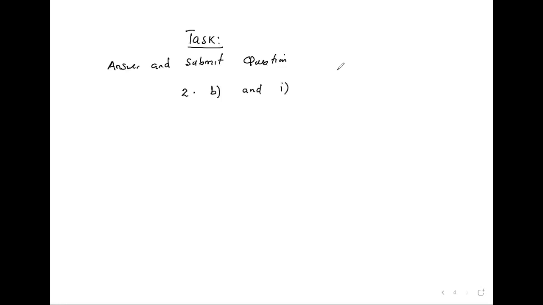So where are we supposed to submit? You submit on WhatsApp. That's question 2, B and I. So B and I are not complicated. At least I expect you to submit before tomorrow.